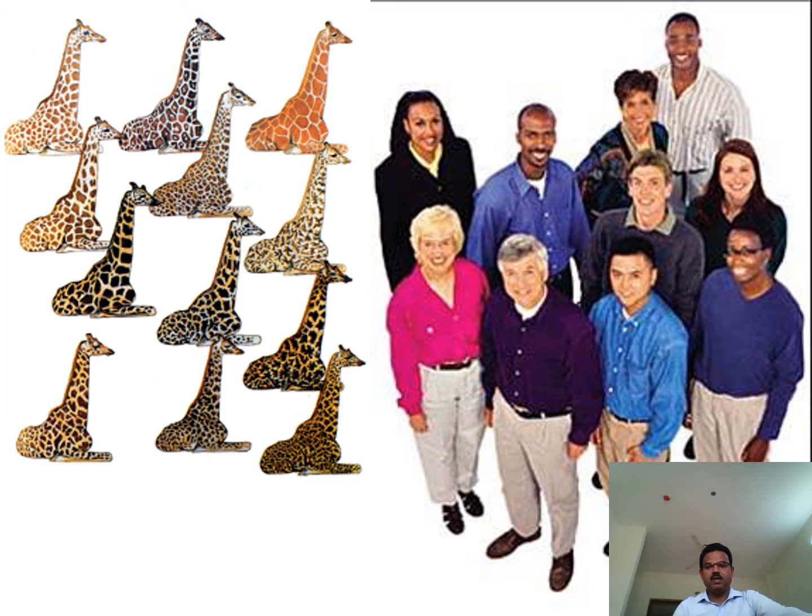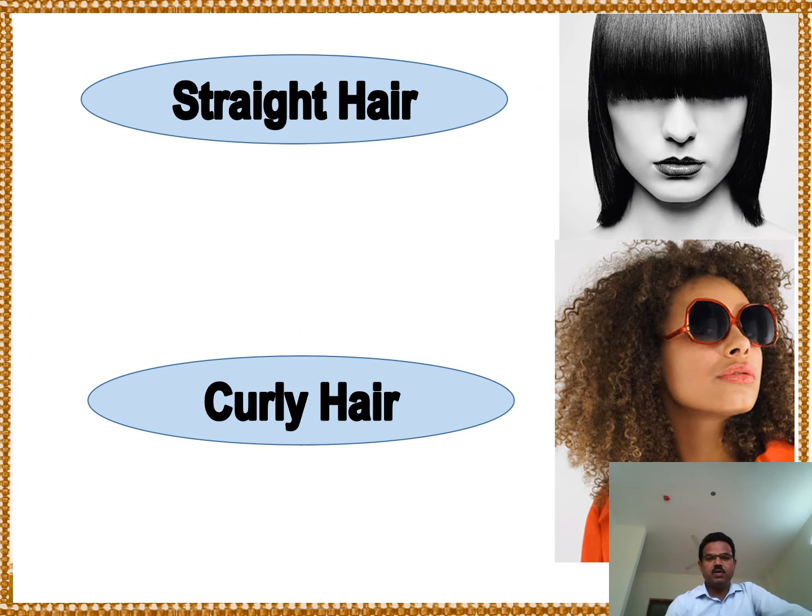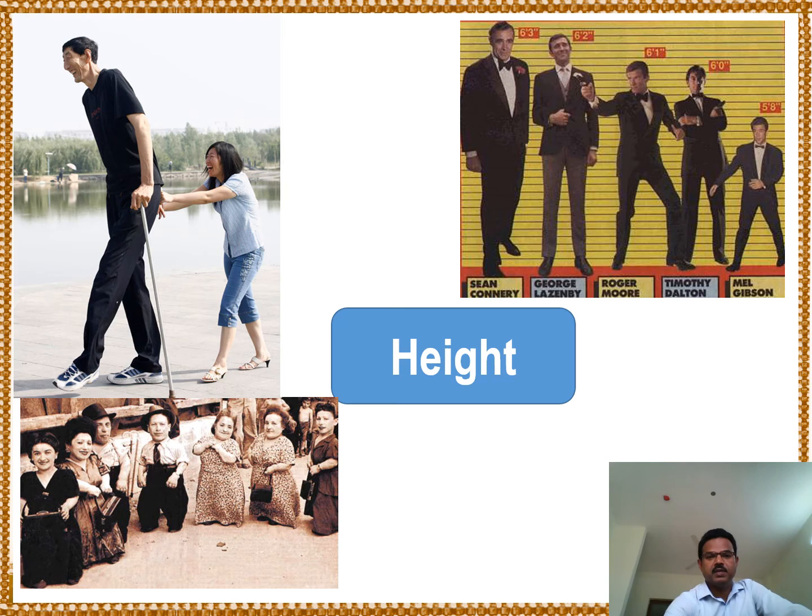You take giraffe or human beings, there is variation. People have straight hair, curly hair. Straight hair is recessive whereas curly hair is dominant. If you take height, there is a lot of variation. If you take skin color, also there is variation.